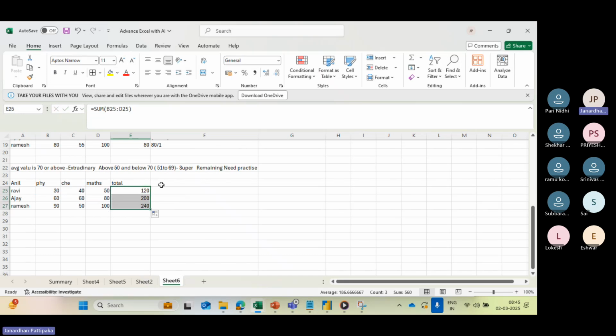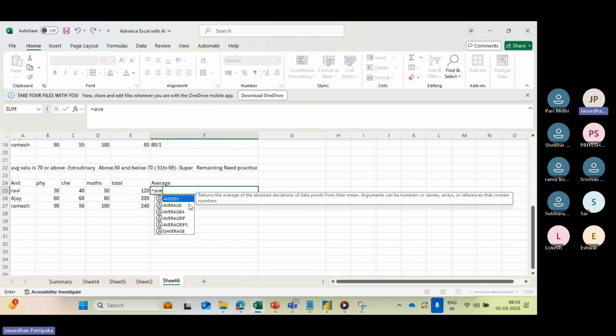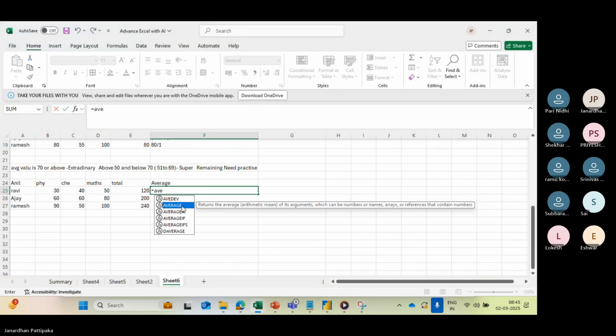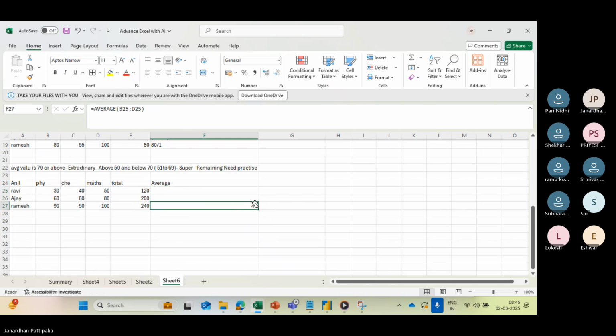For this also I will calculate the average, so I use the average formula. Tab. I want to calculate this average. Right, average is 40. So I will drag this formula down.